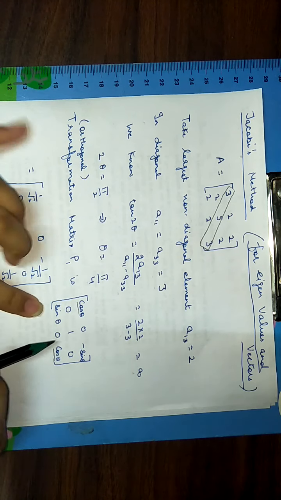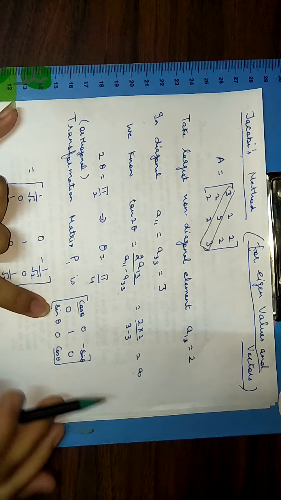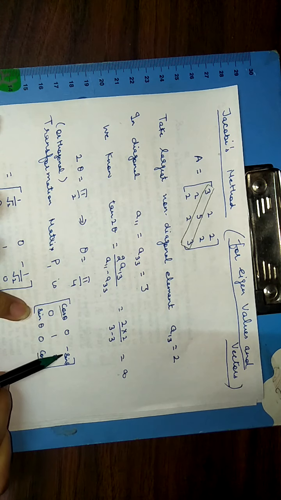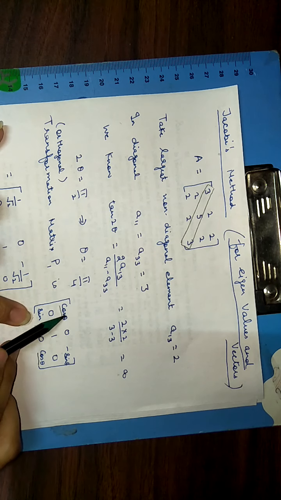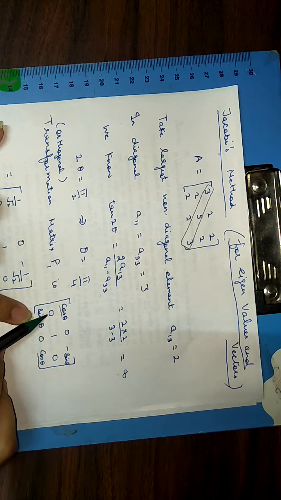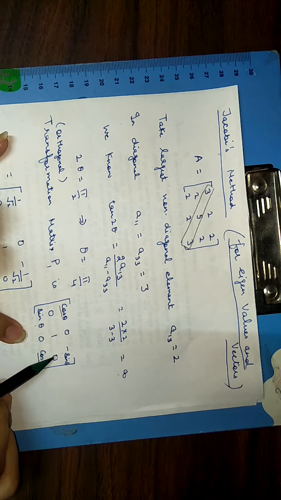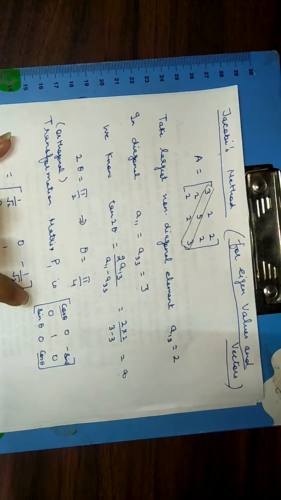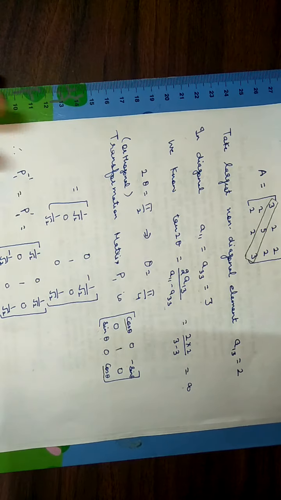Next, in the non-diagonal elements, we take minus sin theta and sin theta. In this row, we substitute 0 here and here, 0, 0. So this element we take as 1 because now it is an orthogonal matrix.